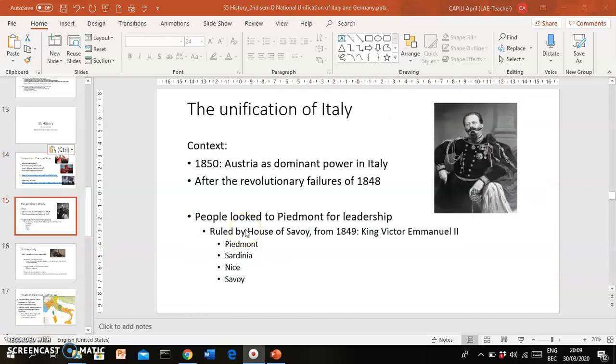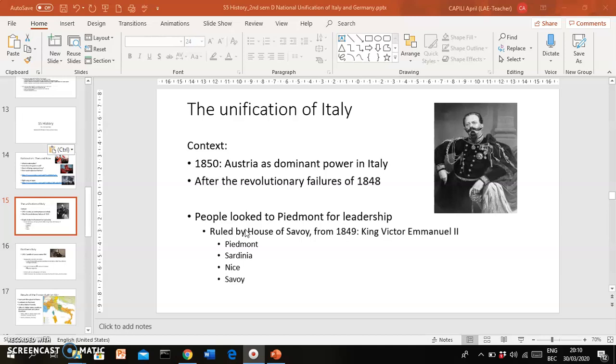Now going into the topic for the day, the unification of Italy. So a little bit of context here. In 1850, Austria was the dominant power in Italy. It controlled two regions, Lombardy and Venetia, and the other territories in Italy were separate states.